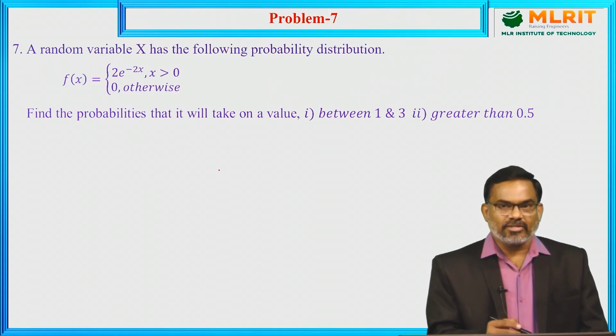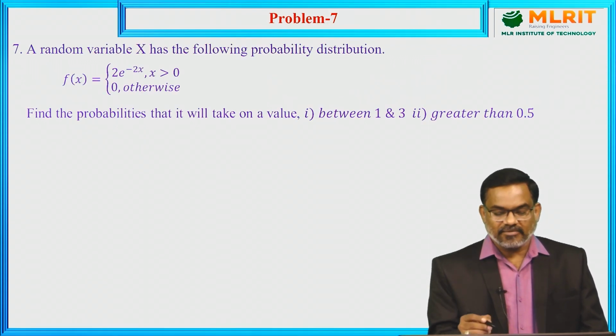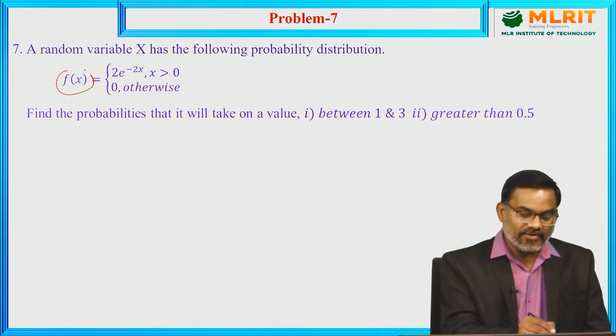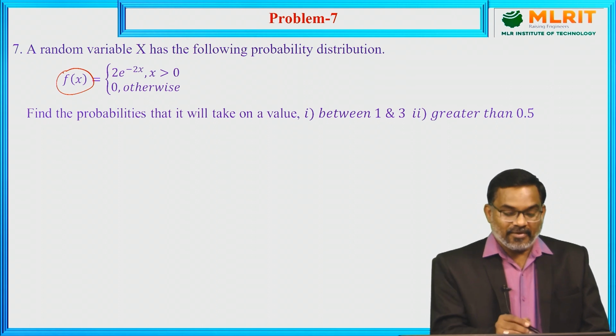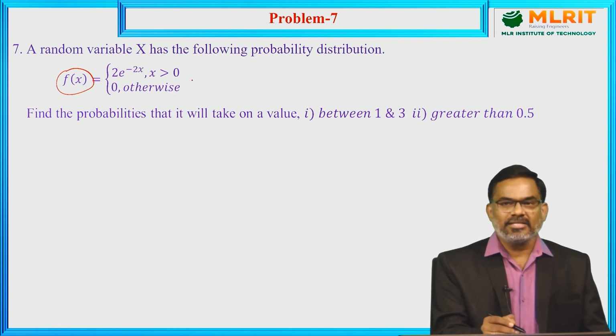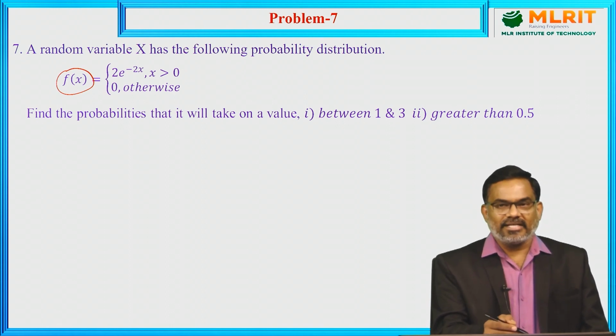Now, let us consider this problem. A random variable capital X has the following probability distribution. The probability function f of x is 2 into e power minus 2x when x greater than 0. X greater than 0 means up to infinity. That means x takes infinite number of values.